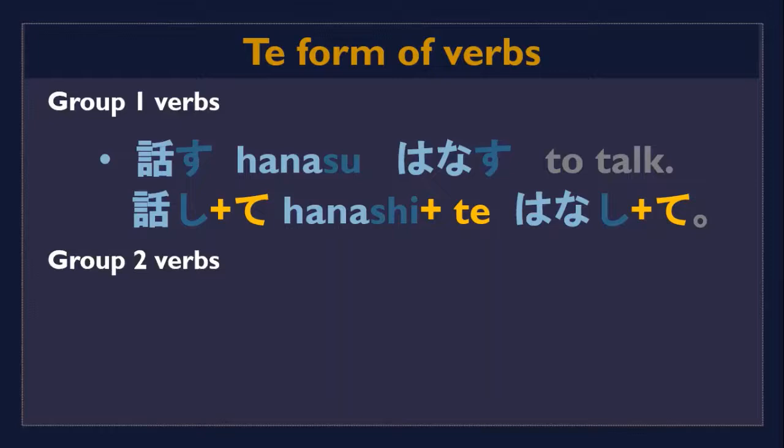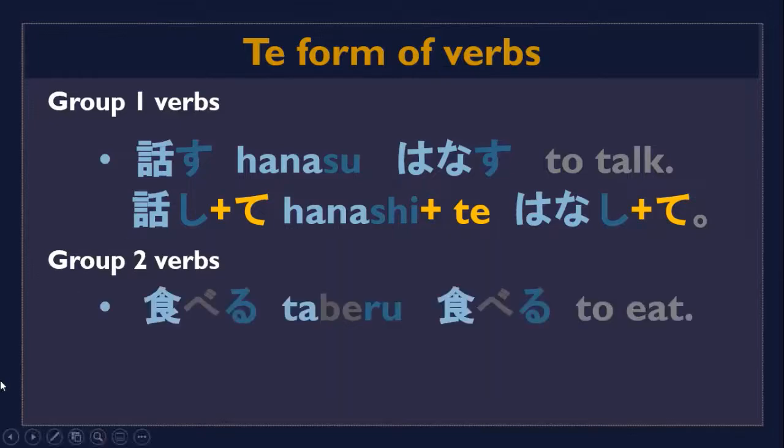It is very easy to change the group 2 verbs. So to eat in Japanese is taberu. And this ta, and then we write a hiragana here, be, and then ru. So this is the dictionary form.